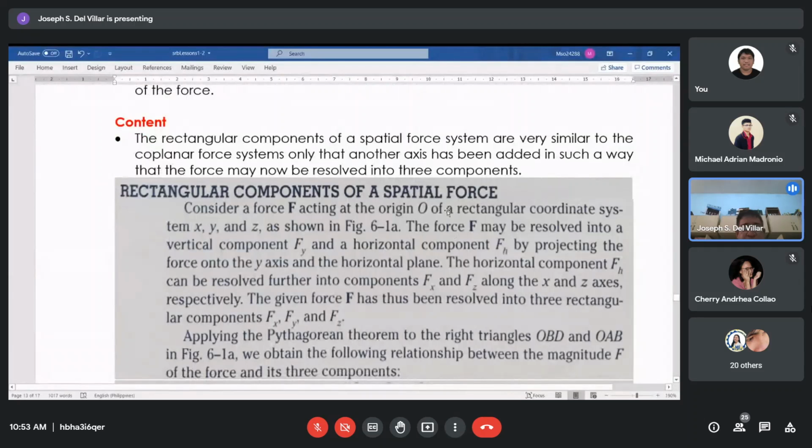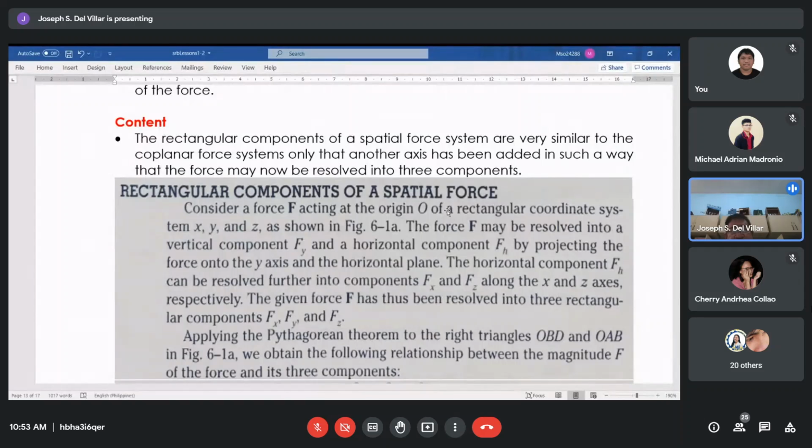Okay, the rectangular components of a spatial force system are very much similar to the coplanar force systems, with, of course, the addition of a new axis, and that is the z-axis.